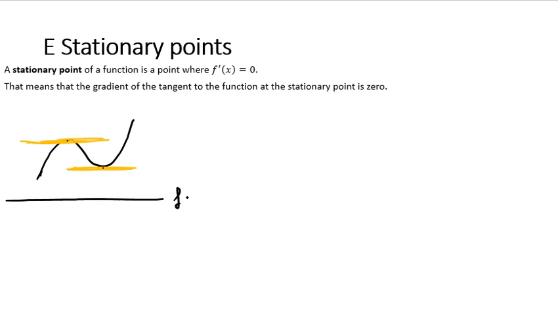So when I write down here the derivative of the function, on those 2 points, the derivative of the function is equal to 0, and here as well.